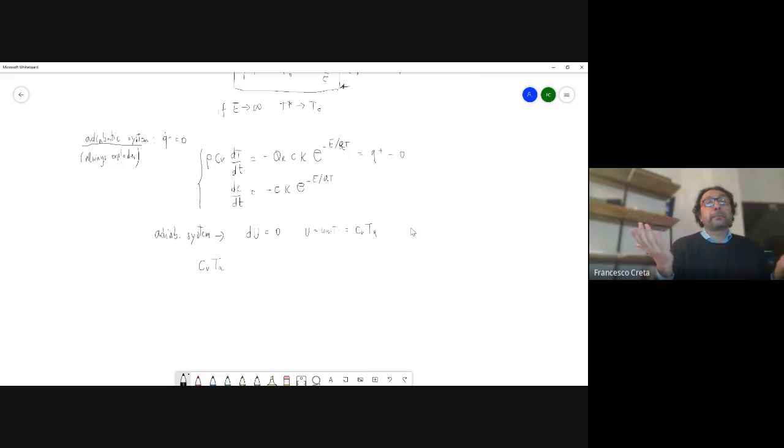Clearly, it's the maximum temperature that we'll have. Remember the equilibrium calculations that we did? So CV TA is really the conserved quantity here. When the temperature is equal to TA, it has reached the maximum temperature.